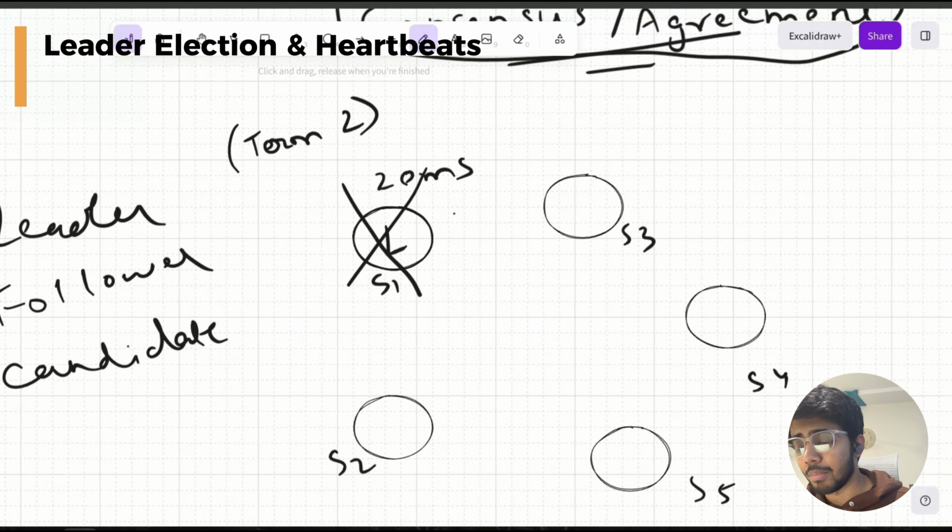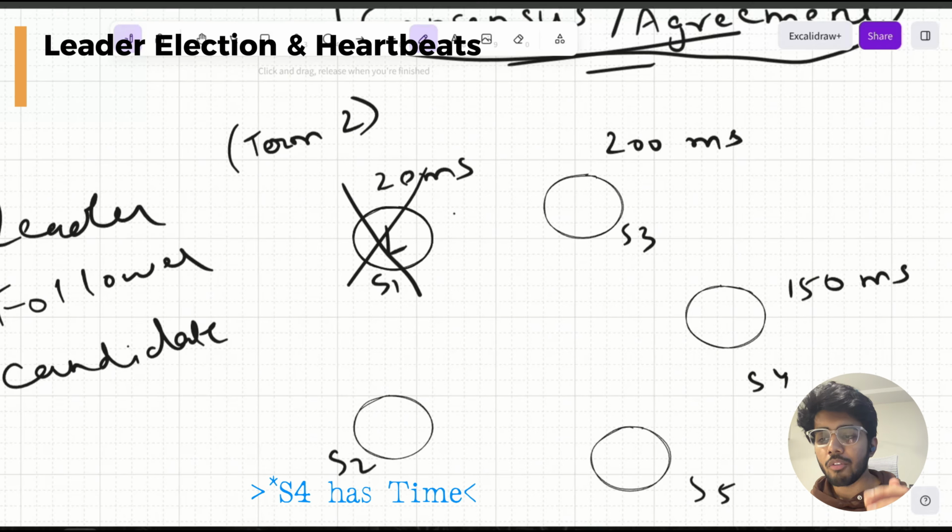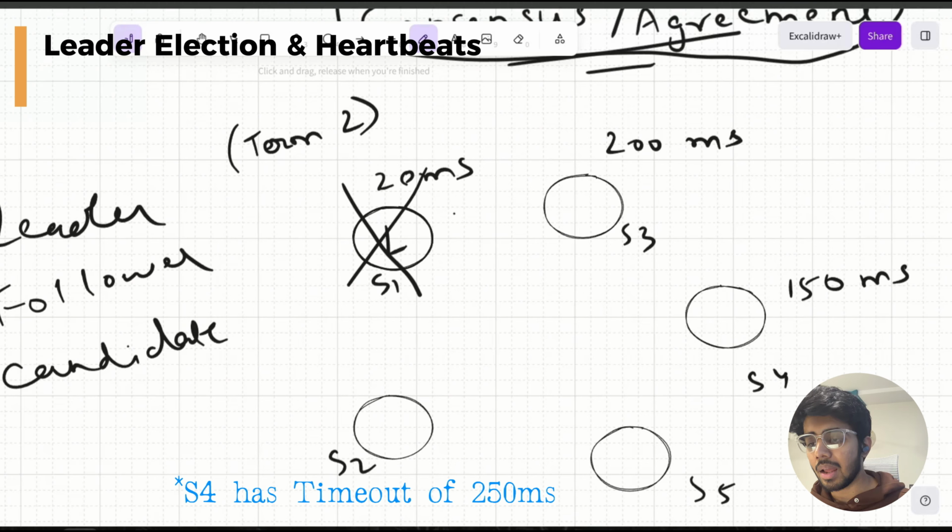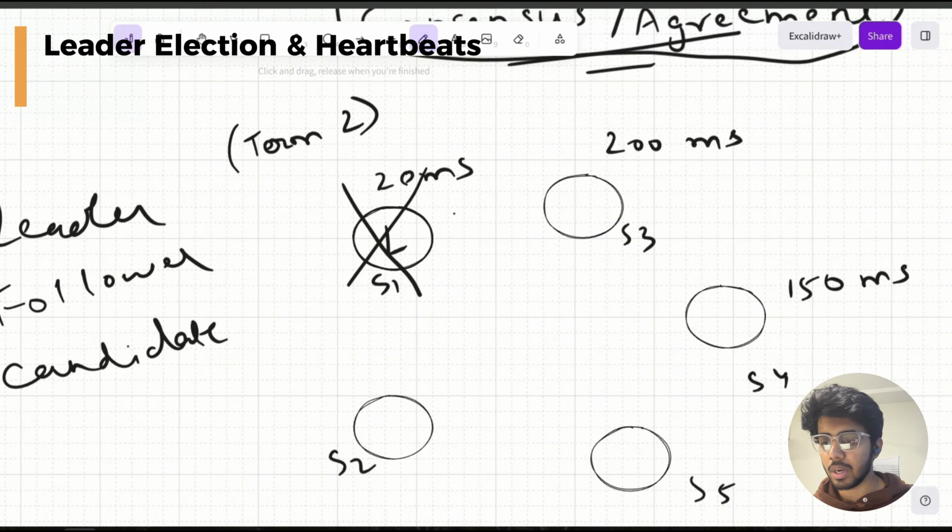Let's say the server S3 waits for about 200 milliseconds before it starts complaining that the leader is dead, and the node S4 has a timeout of about 150 ms. After 200 milliseconds, the node S3 doesn't receive any heartbeat. So it knows the current leader is dead, and we must start a new election, a new term. So S3 is the first one to complain, so it becomes the candidate, votes for itself, and asks for votes from other nodes.